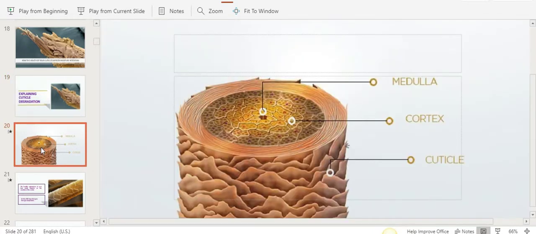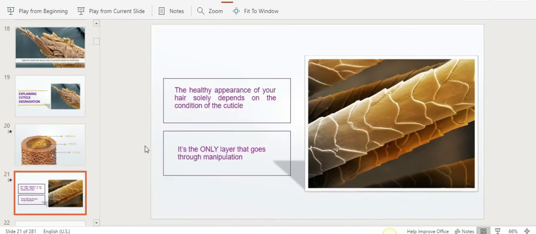So if you can remember this diagram here, this image of your hair shaft and the three structural layers that make up your natural hair. So we have the medulla, the cortex, and the cuticles. So again, remember the healthy appearance of your hair solely depends on the condition of your cuticles, meaning that if your cuticles are arranged properly, everything looks nice, then your hair will be healthy.